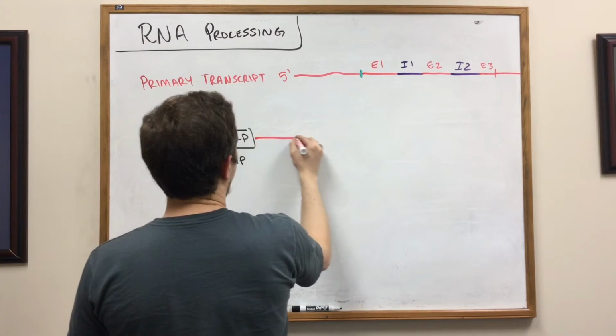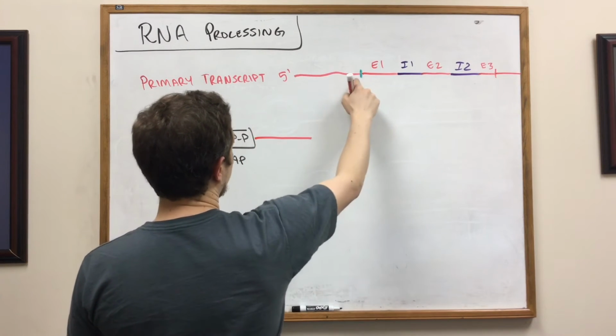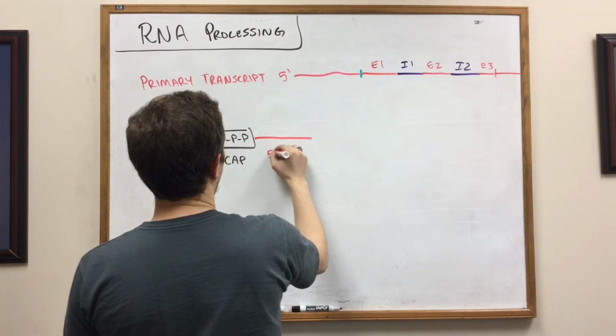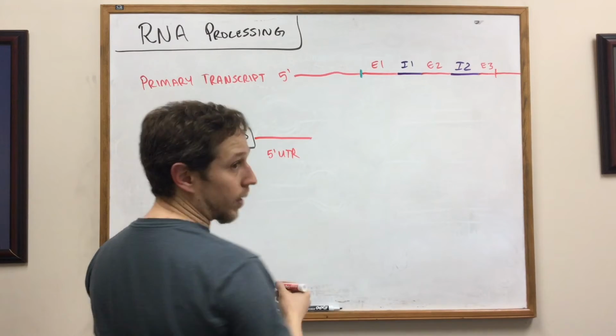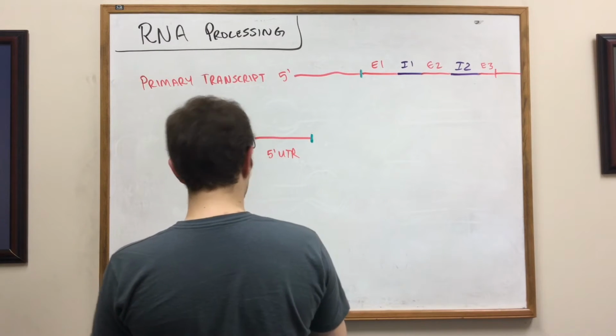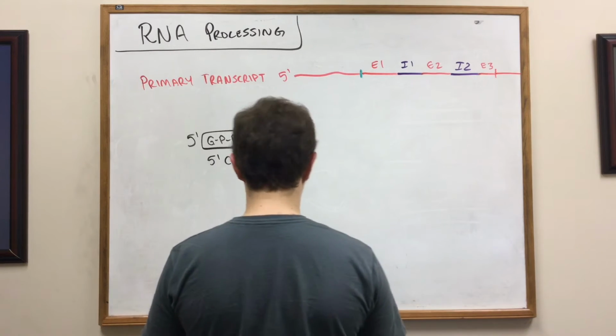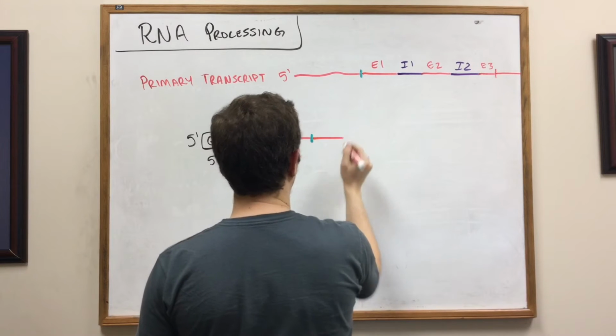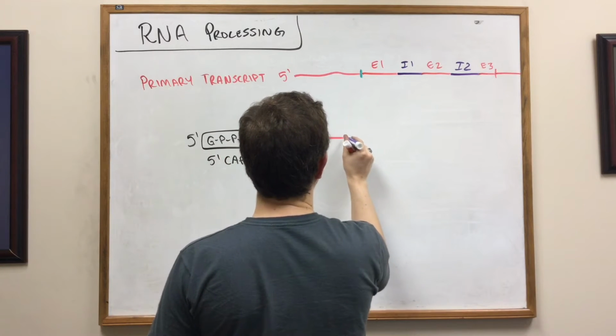Then we're going to have a region here that I drew up here called the 5' UTR, which stands for untranslated region. We're going to have our start codon again. And then as well, we're going to have our exons and our introns. Go ahead and draw those in.